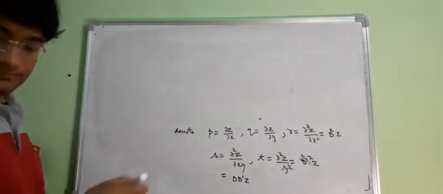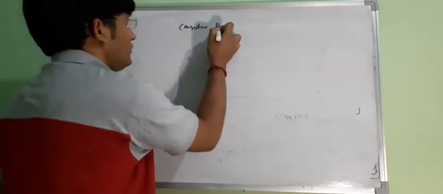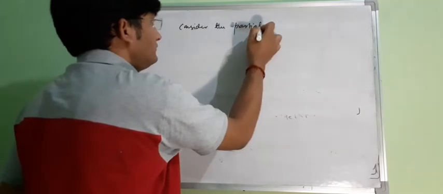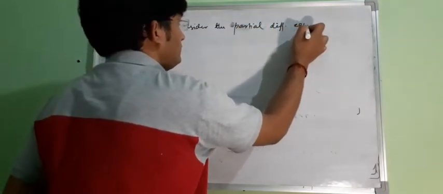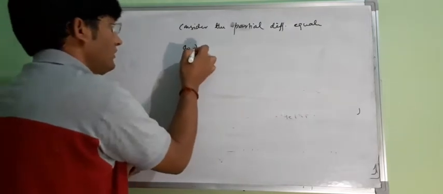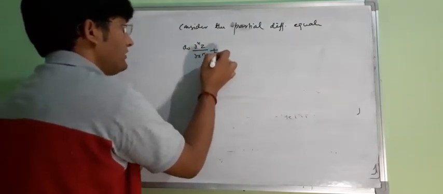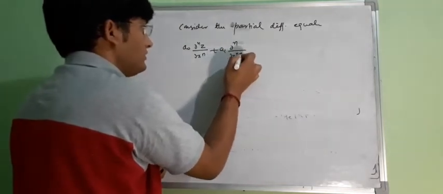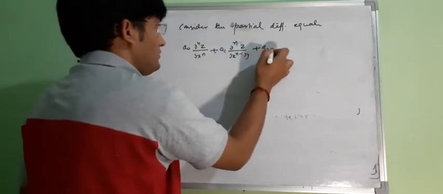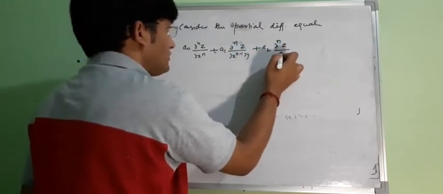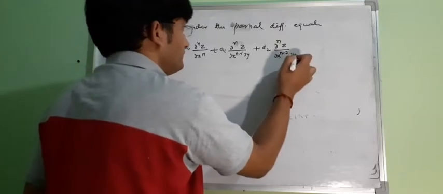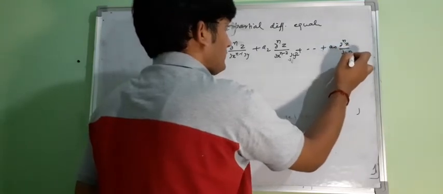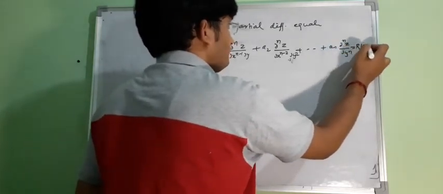Now consider the partial differential equation a naught del n z upon del xn plus a1 del n z upon del xn minus 1 del y plus a2 del n z upon del xn minus 2 del y square plus dot dot an del n z upon del y n equal to some function r of xy.